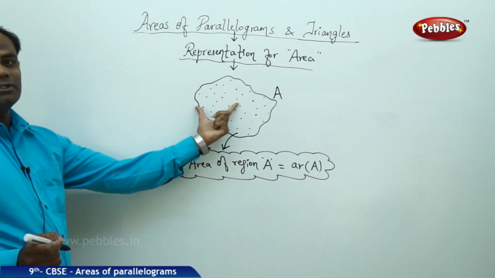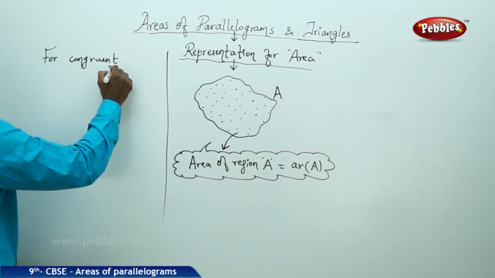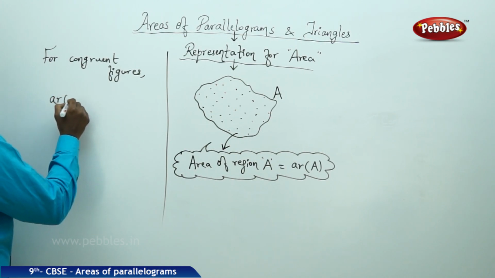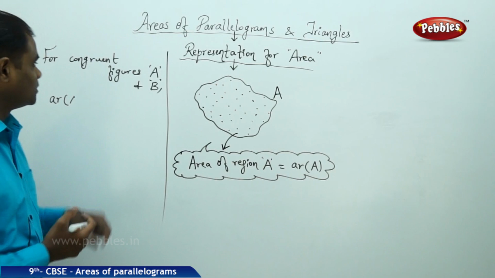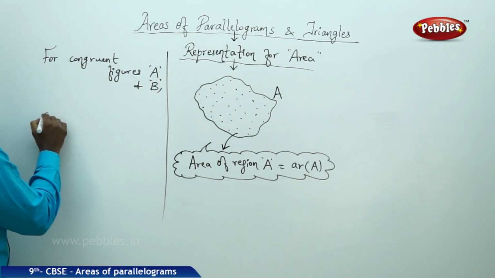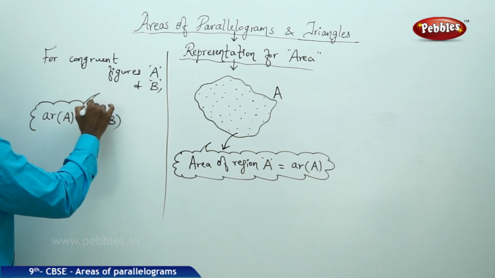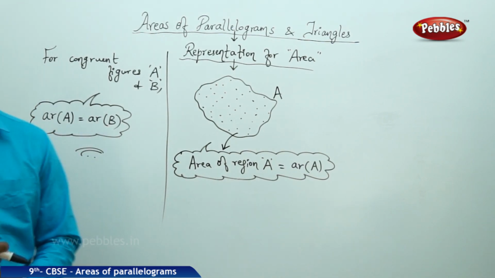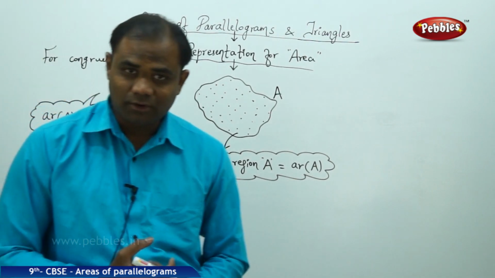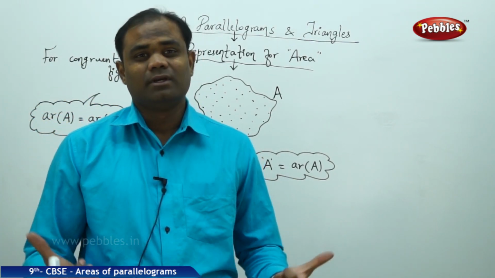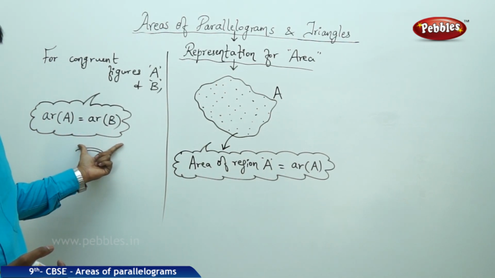For congruent figures A and B, say I have two regions A and B which are congruent, the property is AR of A is equal to AR of B. Because when two figures are congruent, their areas are equal, their sizes are equal, their shapes are equal, and hence AR of A equals AR of B.